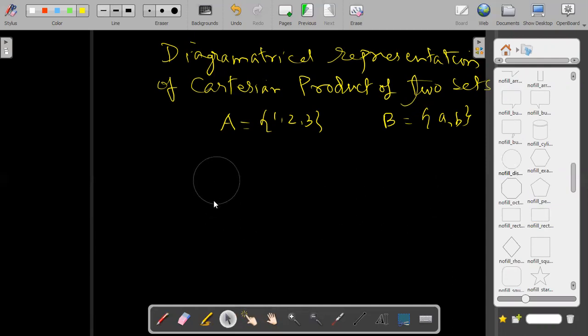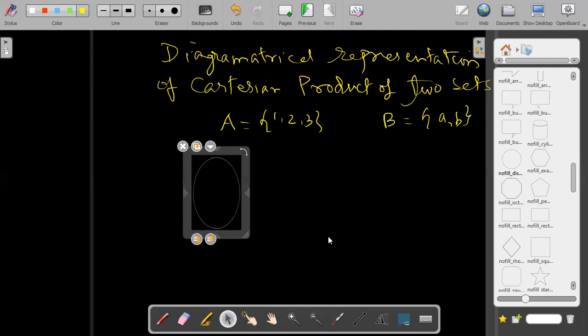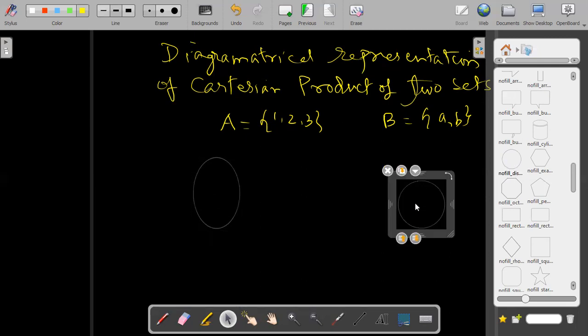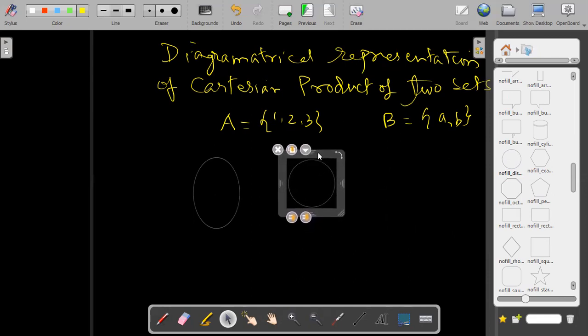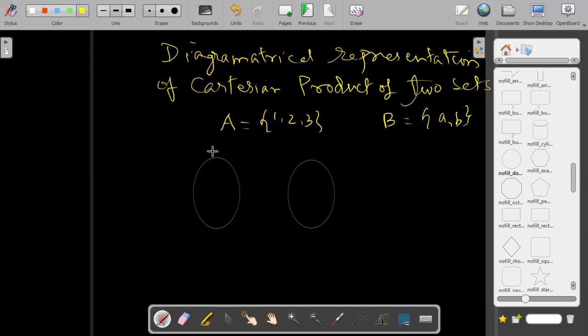So here we will have to make the shape like this. In this shape we will represent the sets. This is set A and this is set B.